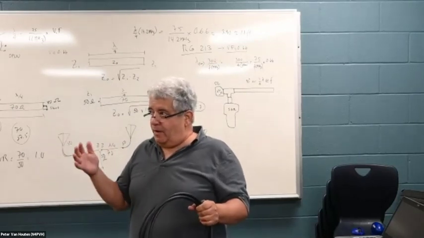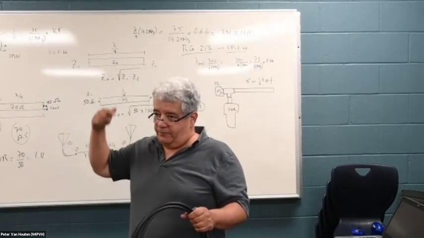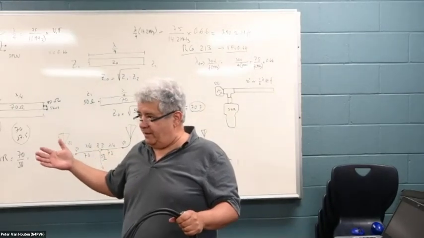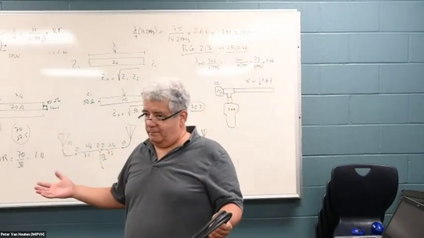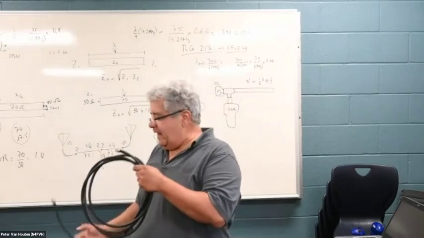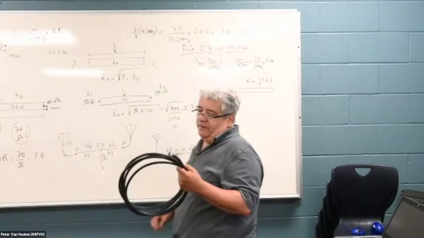But at twice the frequency, 14.2 megahertz, it will be a half wave. So you can do that without having to do the short on this end, using a half wave.